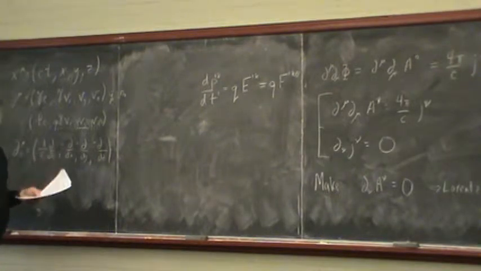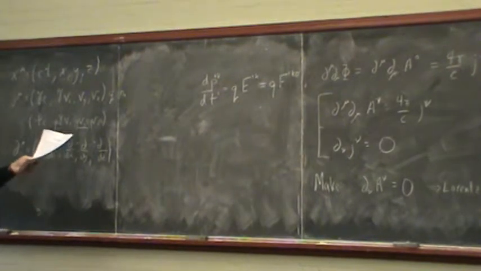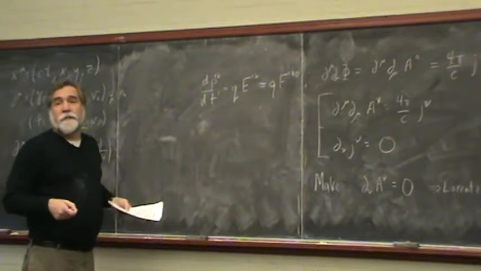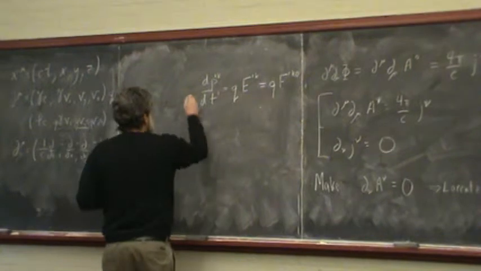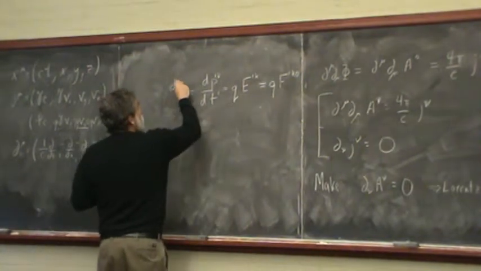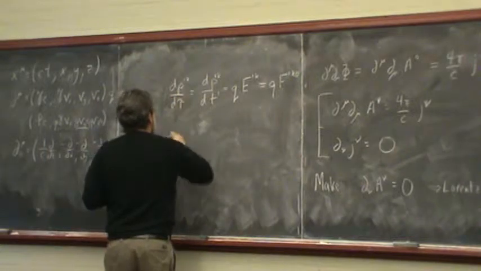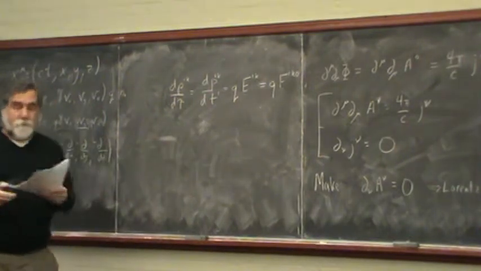In the charge frame itself, the time is the proper time, so I can write this like this: d tau, that's the proper time.